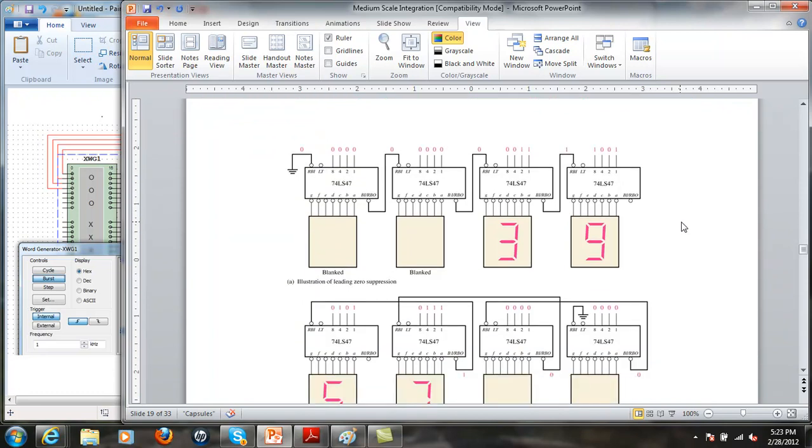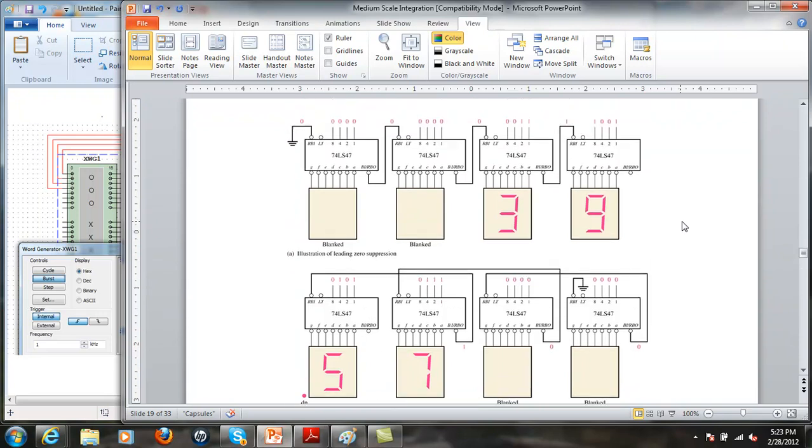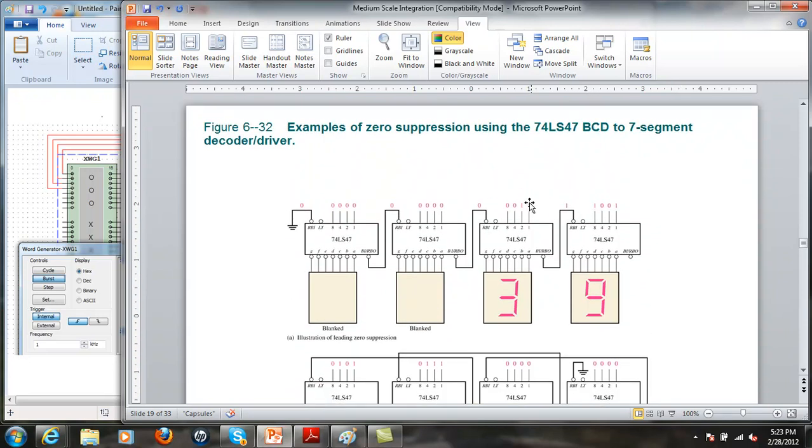Okay, there's another chip. It's the 7447. And what it does is it translates a binary coded input. So again, there's 4 bits. To represent all the decimal numbers, I need to have at least 4 bits. I need to be able to count to 9. And depending on the binary value going into the input, it will activate a 7-segment display, and it'll display that number.